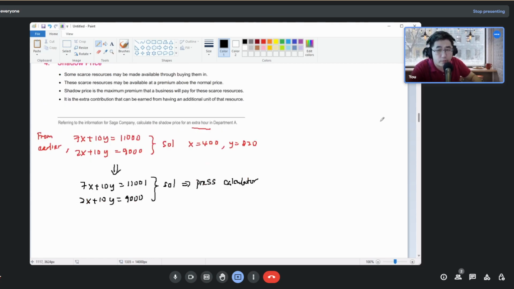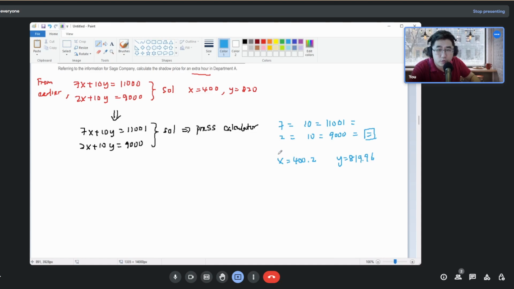I take out my calculator and press 7 equal 10 equal 11001 equal 2 equal 10 equal 9,000 equal, then press equal again. You have the x value equals 400.2, and the y value 819.96.